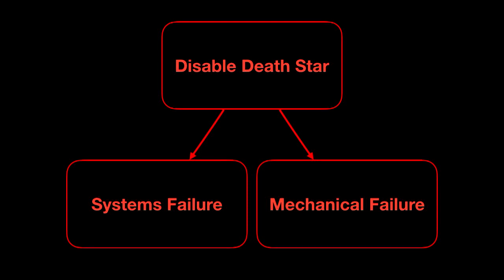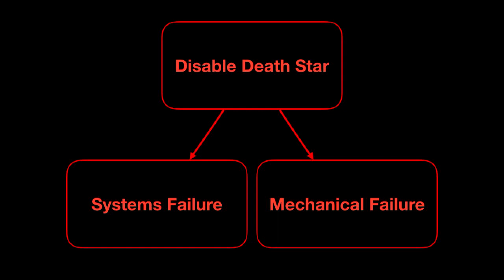Then, again, many options were discussed, and 2 options come up. One is looking at critical systems on the Death Star and compromising those systems. Maybe it's the heat system, navigation system, the communication system. Whatever system, you compromise and disable in such a way that it's really hard to get the Death Star back up.